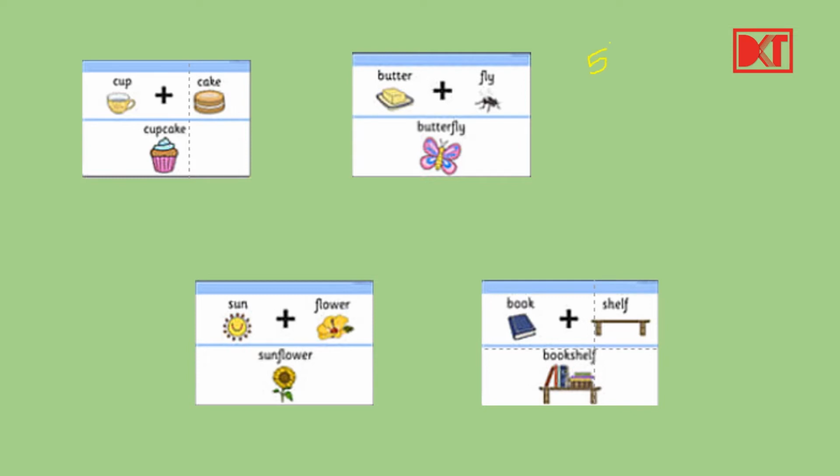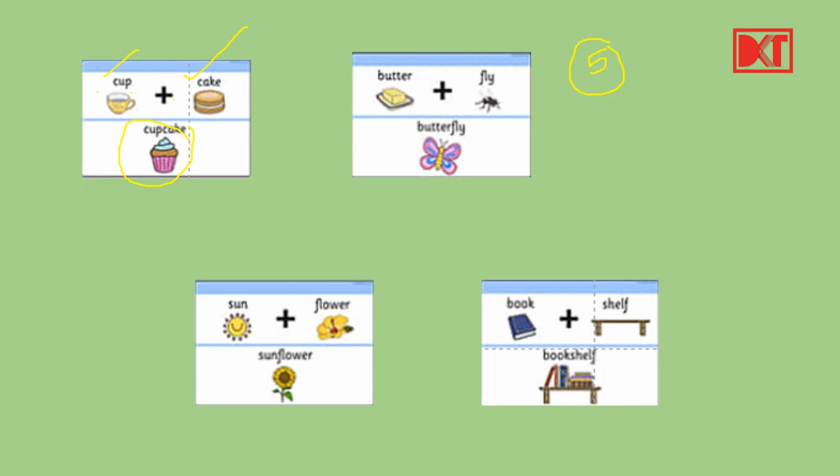Okay, this is pretty simple. Here you see, now there are 2 different words. One is a cup and the other is a cake. Both of them are absolutely 2 different things. But if we combine those 2 words, we can form another completely new word, which is a cupcake, right?